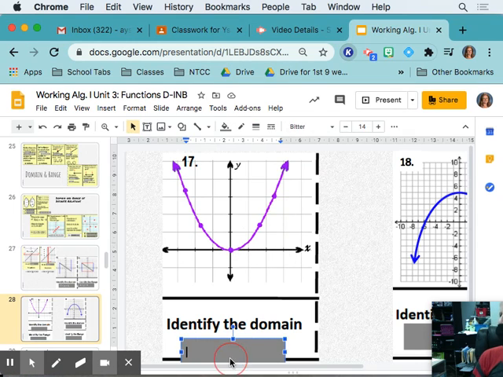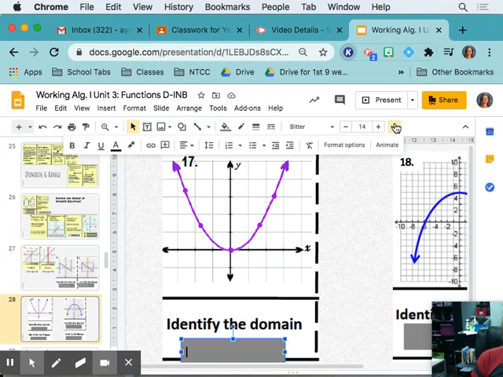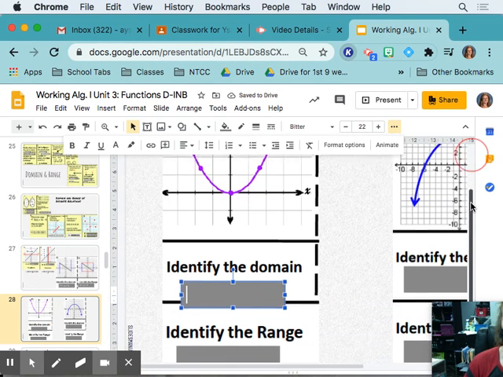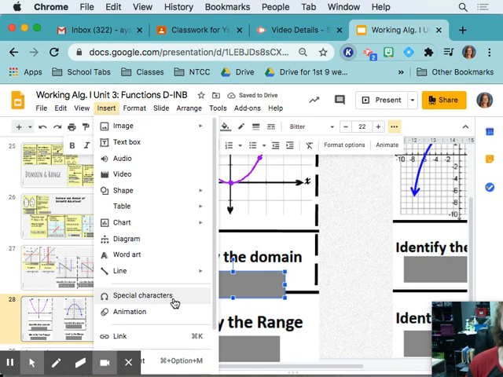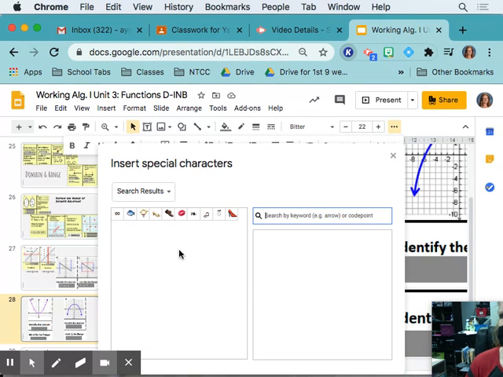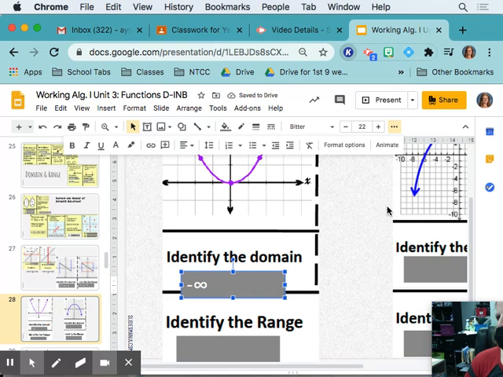Yeah, so the domain is negative infinity to positive infinity. I gotta insert my special character. Negative infinity is less than x is less than infinity.